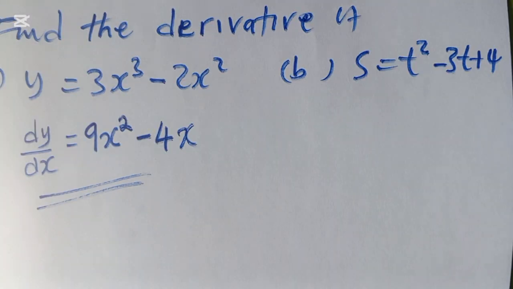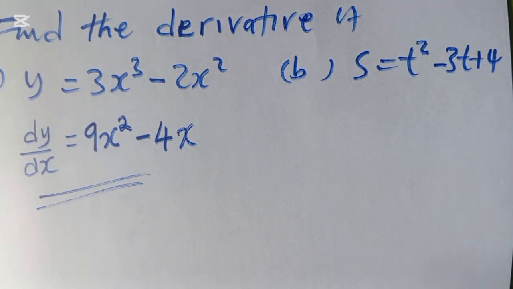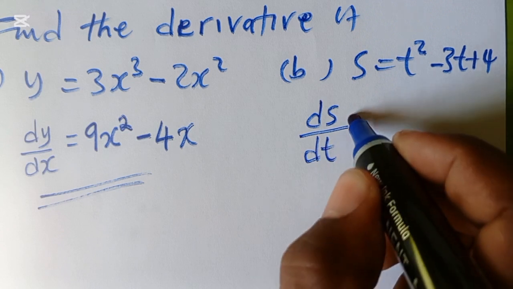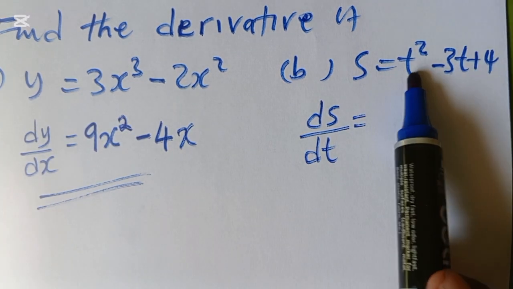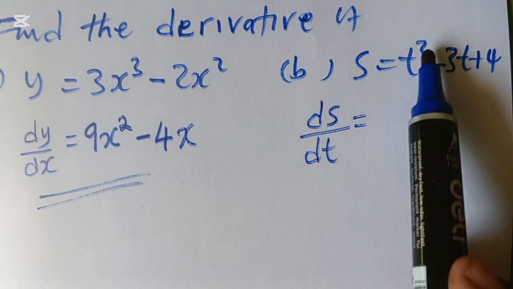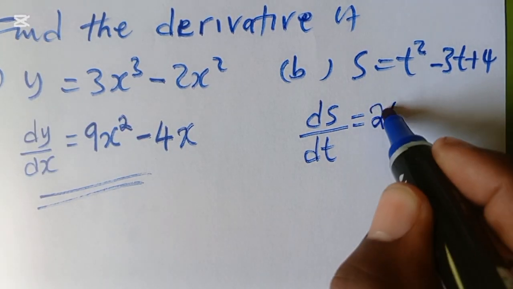So part B, s is equal to t squared minus 3t plus 4. So here we are differentiating with respect to t. So I'll say ds/dt is equal to, each term must be differentiated. So I'll differentiate this term. It will be 2 times t, it is 2t.